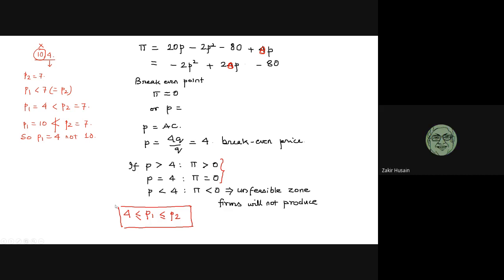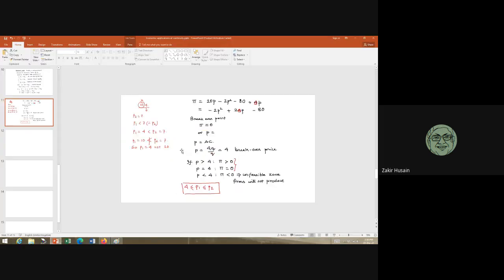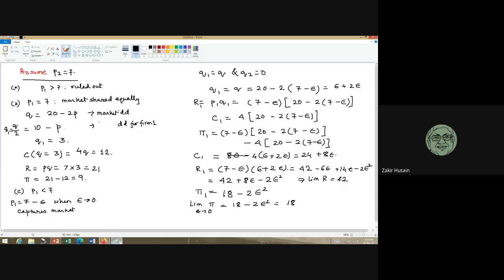We are setting a price of 7, and then we are trying to find out how will the first producer react. See over here. Okay, sir.